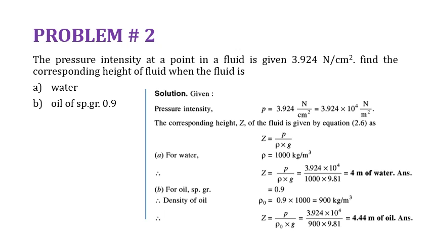So you have to use the same hydrostatic law formula. Pressure is rho gh, and rearrange it for h, the head, which will be pressure over rho g. So for the first case, use the density of water, which is 1000 kg per meter cube, and for the second case, use the density of oil, which is specific gravity 0.9 into density of water 1000, so 900 kg per meter cube.